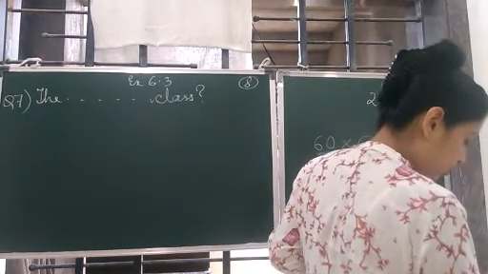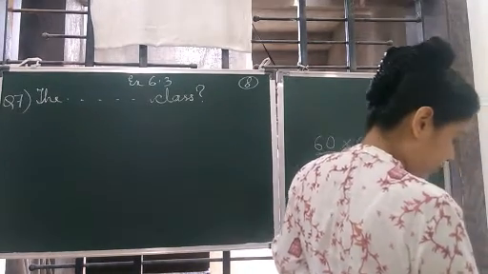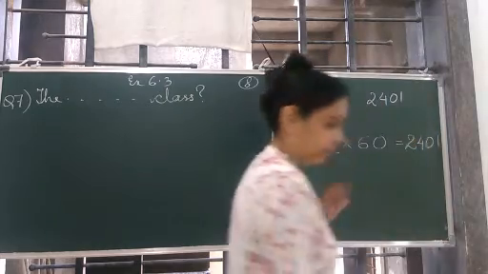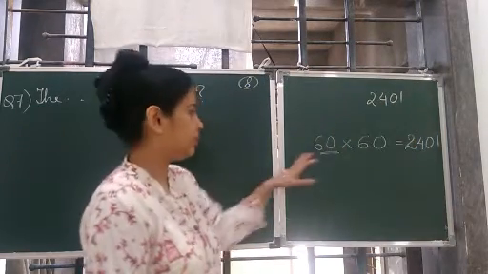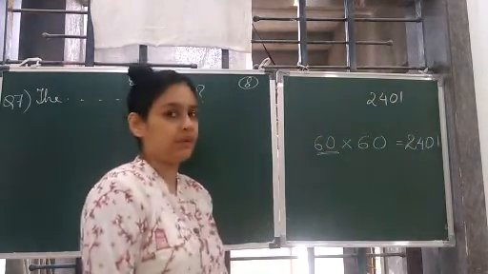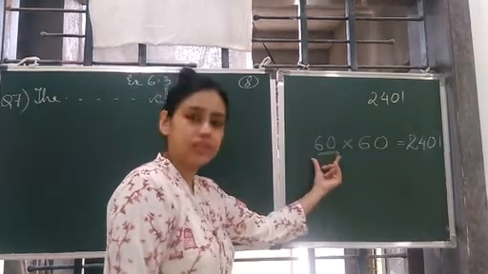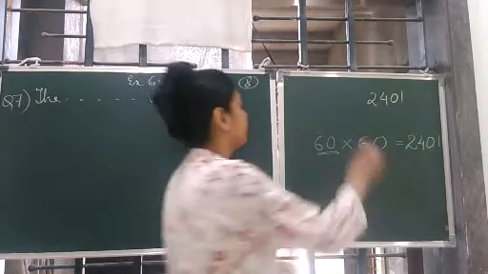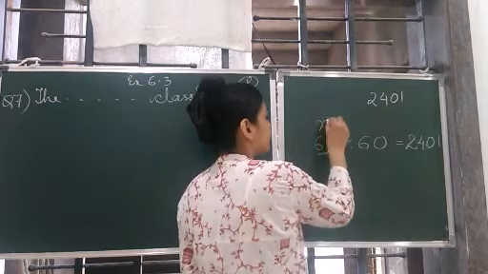So if each child is donating as many rupees as the number of students in the class, find the number of students. You have to find the number of students here. So I have taken this as an example. Okay, we don't know whether there were 60 children or not. So what to do? We assume it as x.